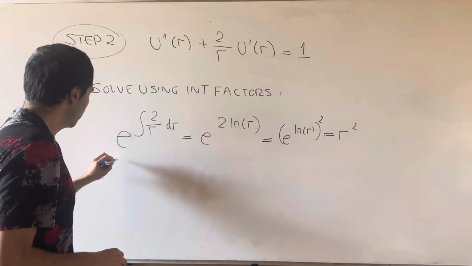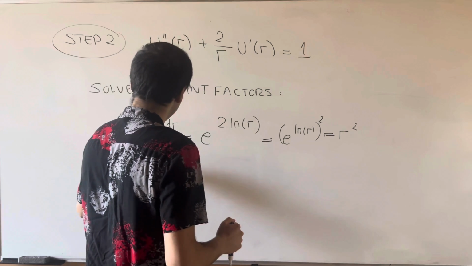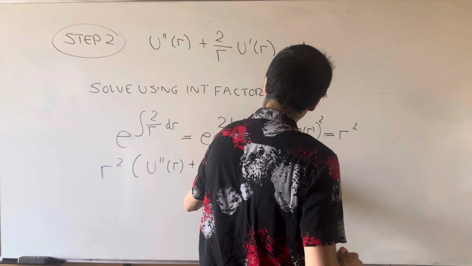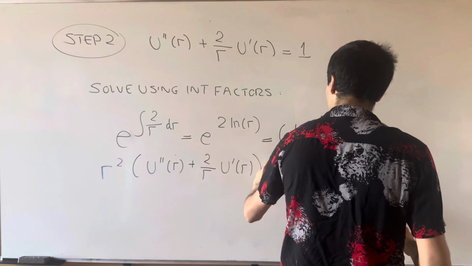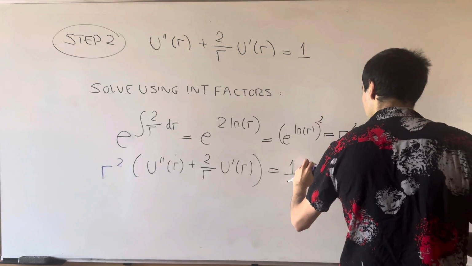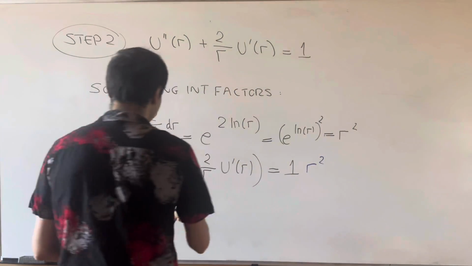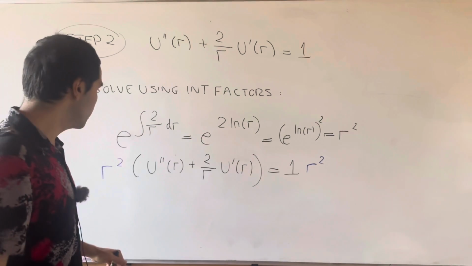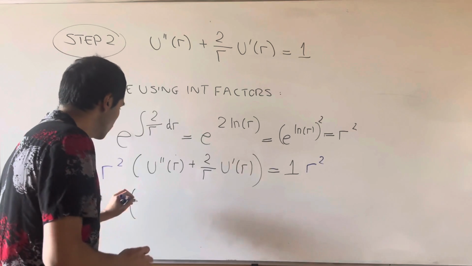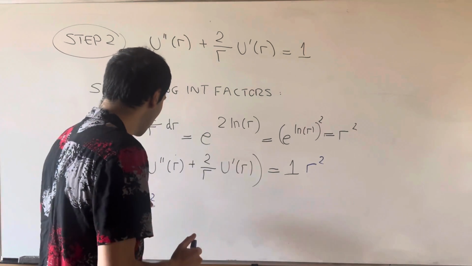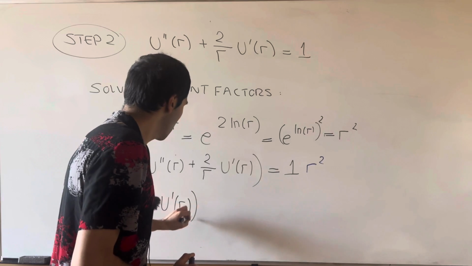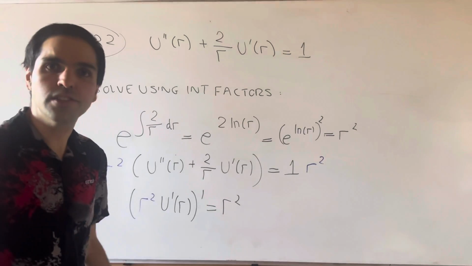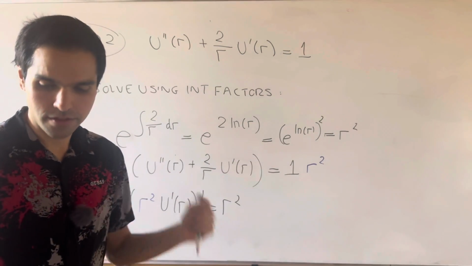And we end up getting r squared times u double prime of r plus 2 over r u prime of r equals 1 times r squared. And once again, by the magic of integrating factors, this whole thing becomes a derivative, so it's r squared times u prime of r, all prime, is r squared, which now we can solve by integrating twice.